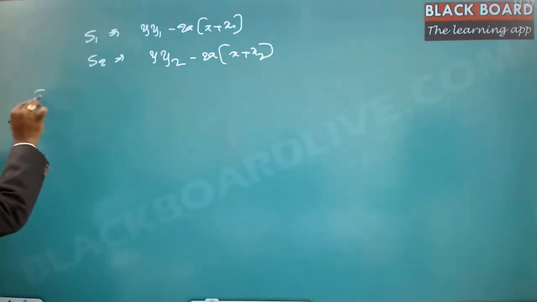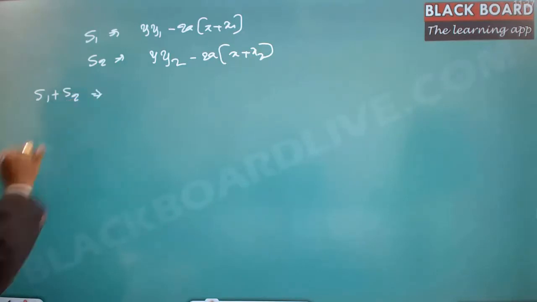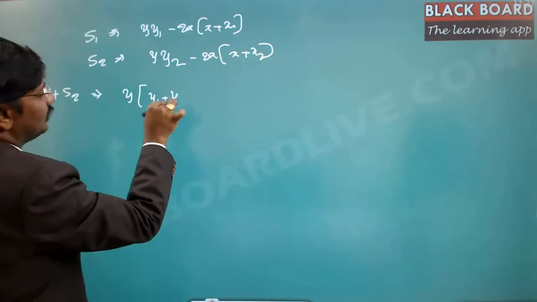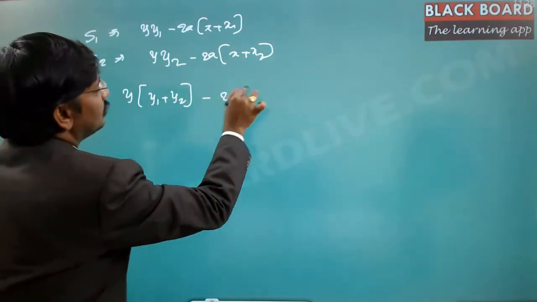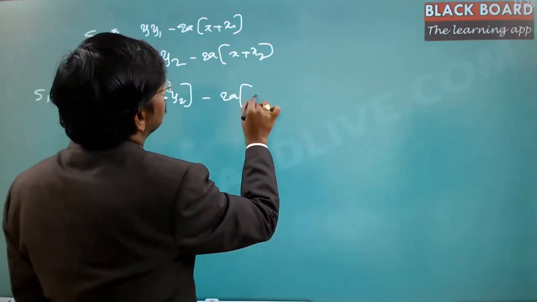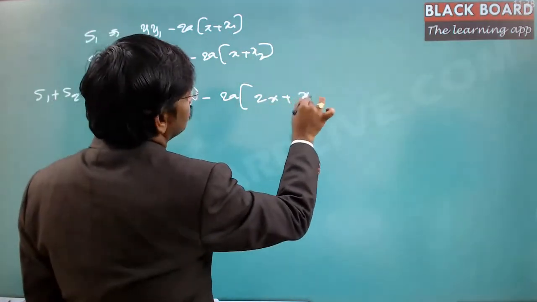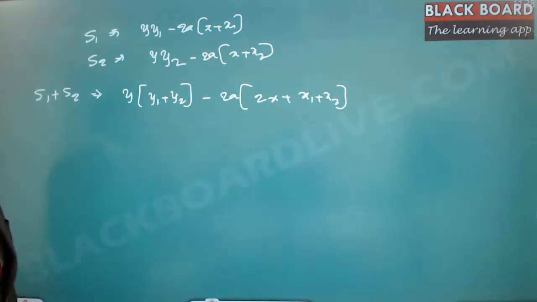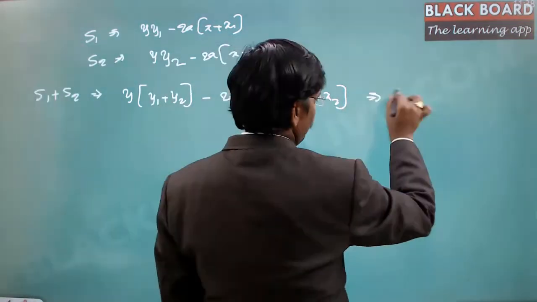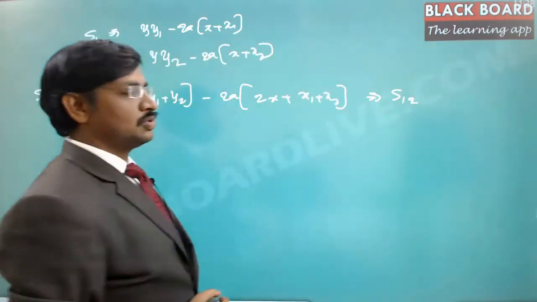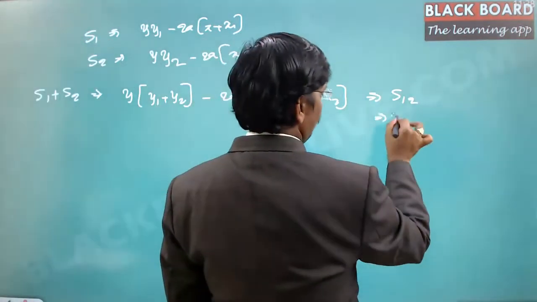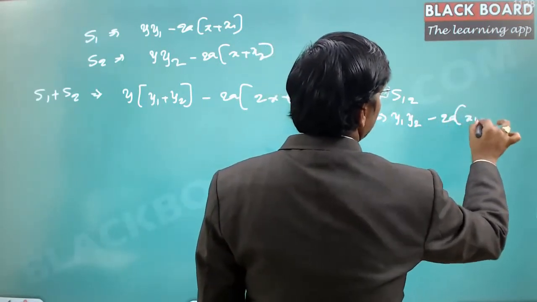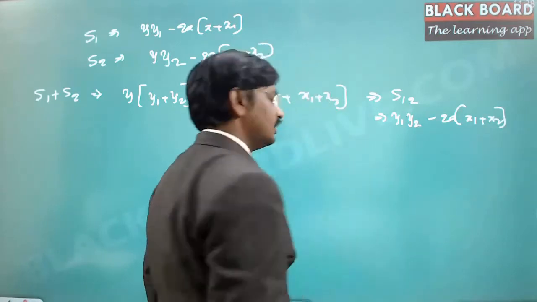Now S1 plus S2, if you add these two together, is y into y1 plus y2 minus 2a into 2x plus x1 plus x2. Now this is equal to S12. So S12 if you substitute here, this is y1 y2 minus 2a into x1 plus x2, right?